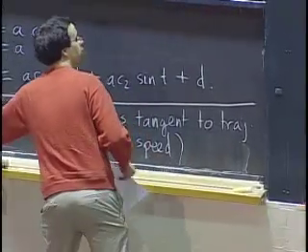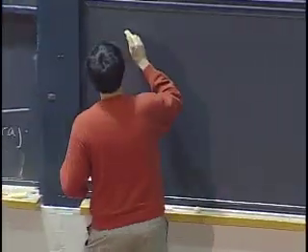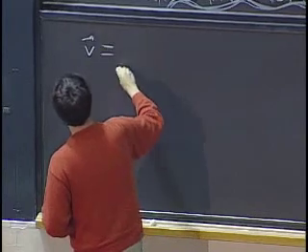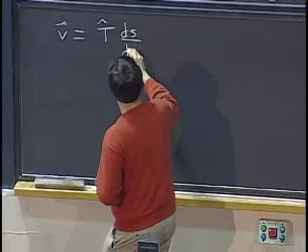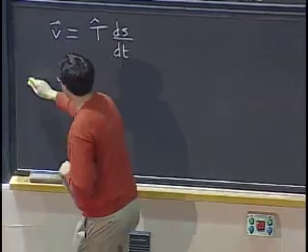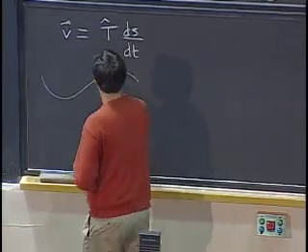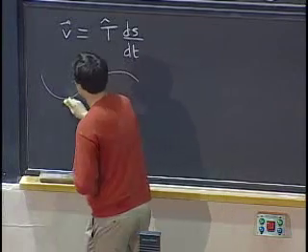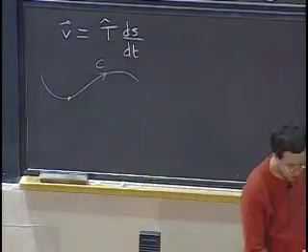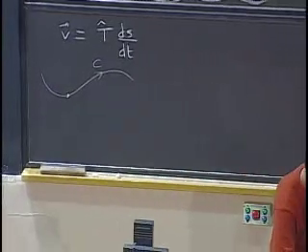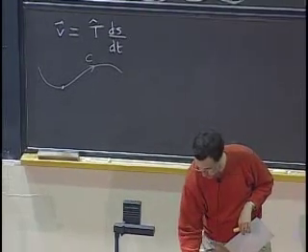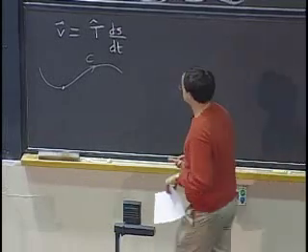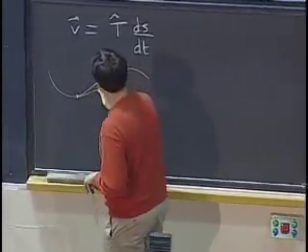So just to provoke you, I'm going to write again that formula, v equals t hat ds dt. What do I mean by that? If I have a curve and I'm moving on that curve, well, I have the unit tangent vector, which I think at the time I used to draw in blue, but blue has been abolished since then. So I'm going to draw it in red.